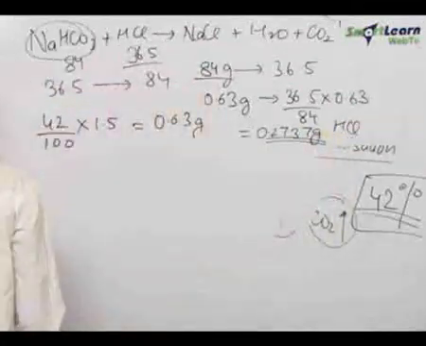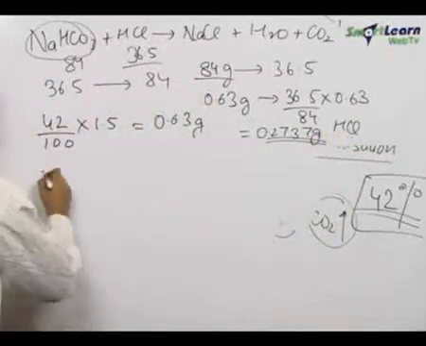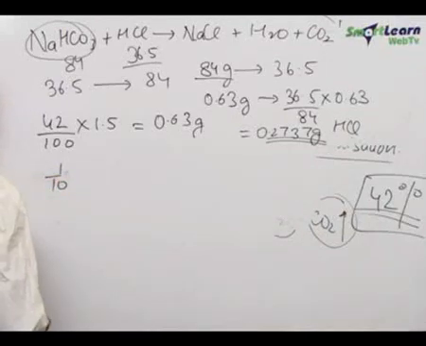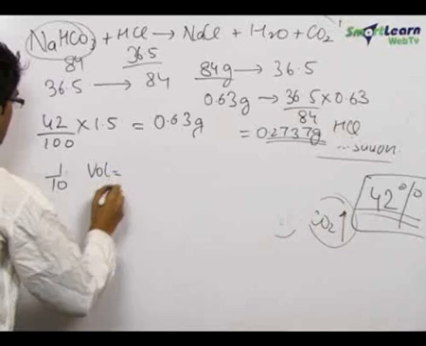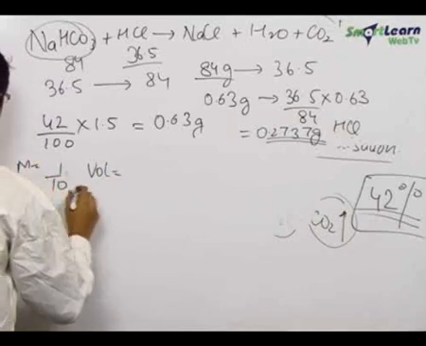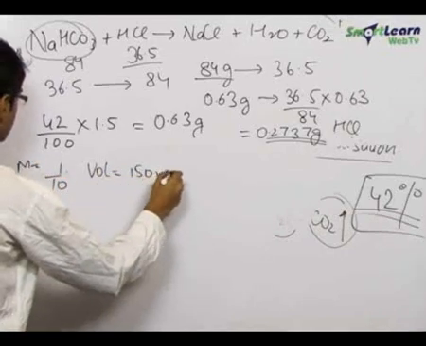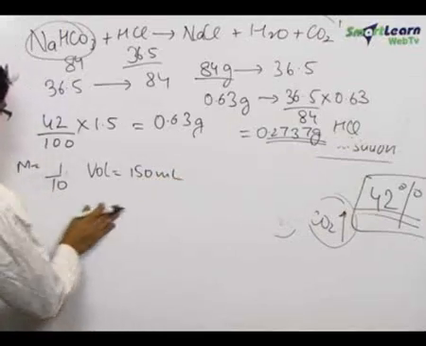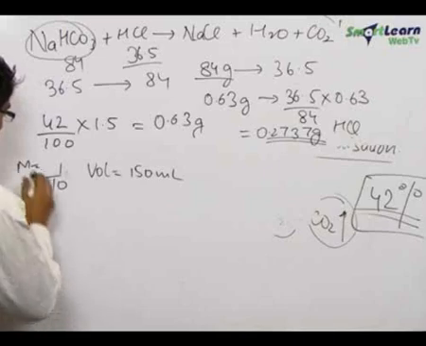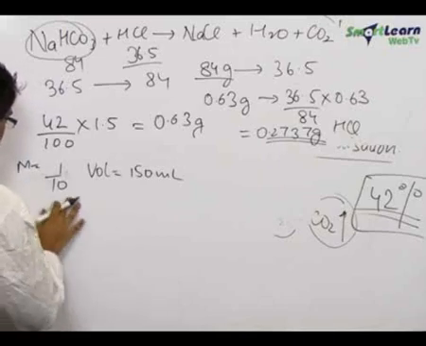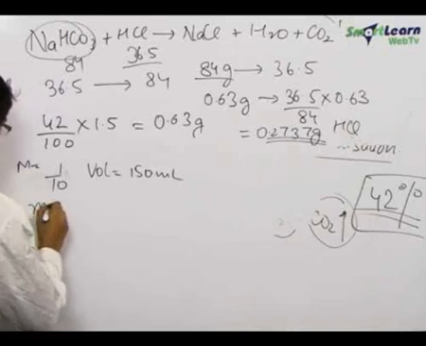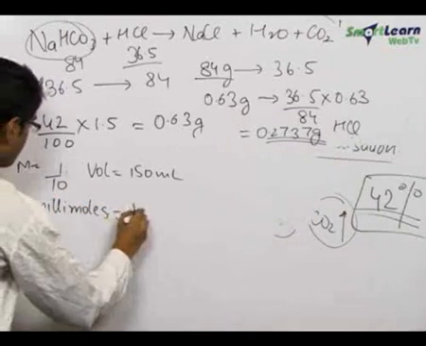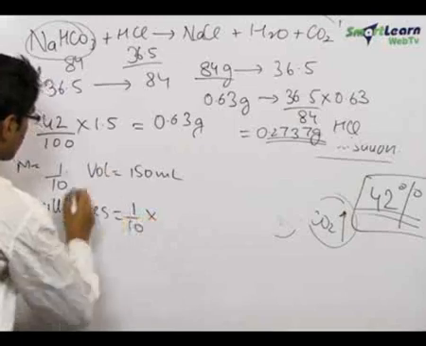Now we are given the molarity of HCl, which is equal to 1 by 10, and the volume of HCl, which is equal to 150 ml. So we can find out the number of moles here. Moles upon volume is equal to molarity, but the volume should be in liters. So we get millimoles equal to the molarity into the volume in mL.